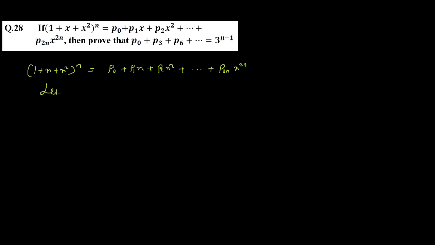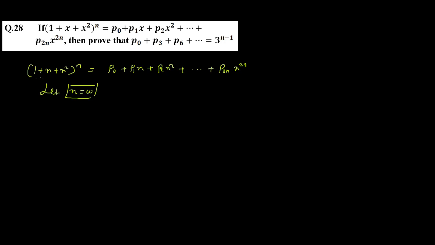Let x is equal to omega. I am assuming. You may feel difficulty: sir, why are you assuming x as omega? See, in the previous concept, I know that 1 plus omega plus omega square equal to 0. Somewhere I feel that if I put omega, this will be simplifying.